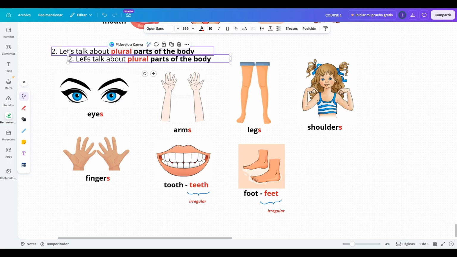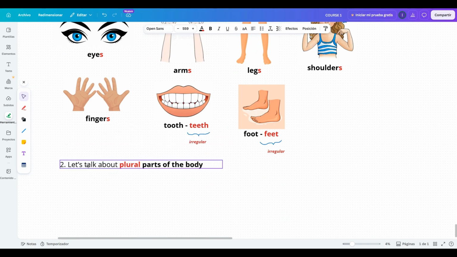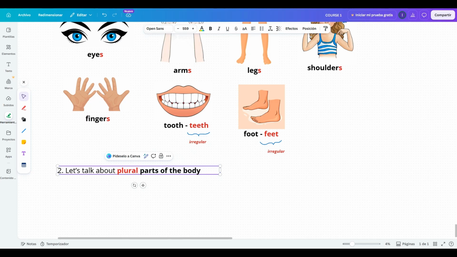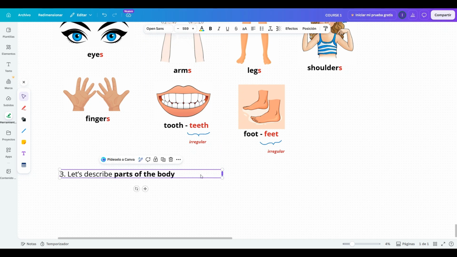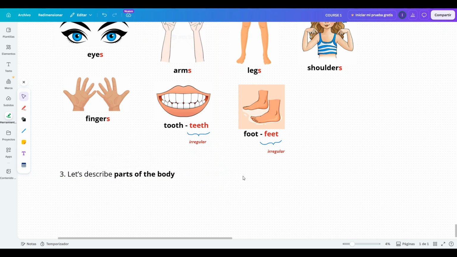Now, let's continue. The next, the third part. Let's describe parts of the body, right? Let's describe parts of the body, especially when describing the face, hair. For example, eyes. Different colors.